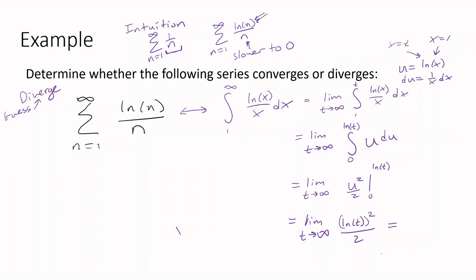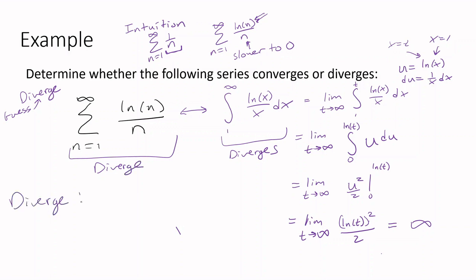That gets really big. Squaring it will only make it bigger. That's infinity. And so, since this limit is infinity, this original integral diverges. But the integral test tells me that if my integral diverges, then this has to diverge. So this would diverge by the integral test.